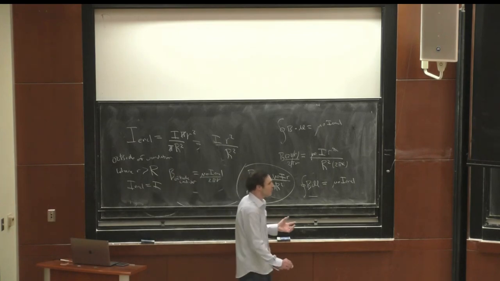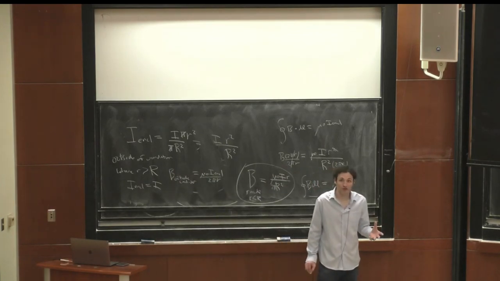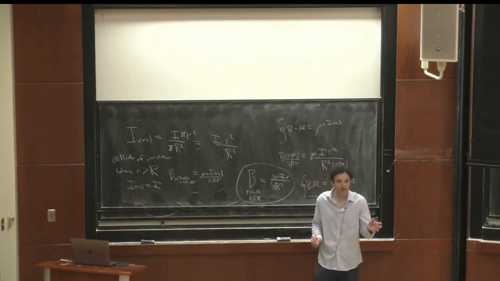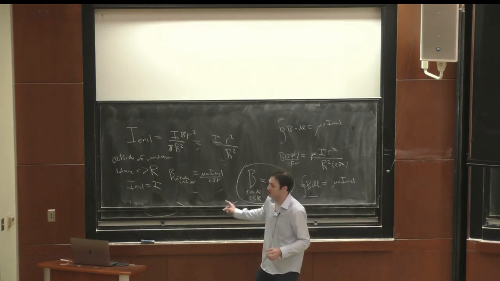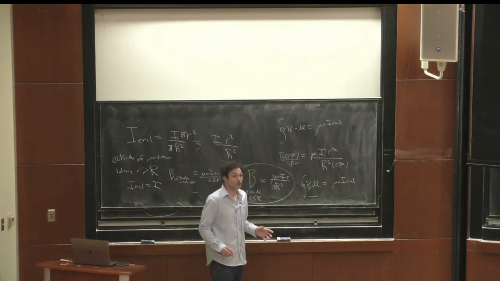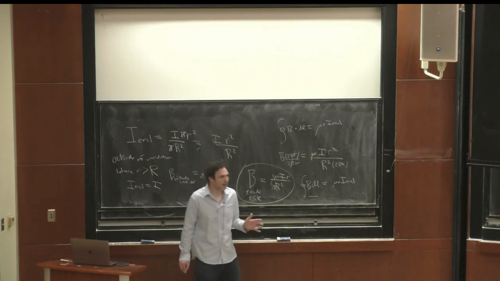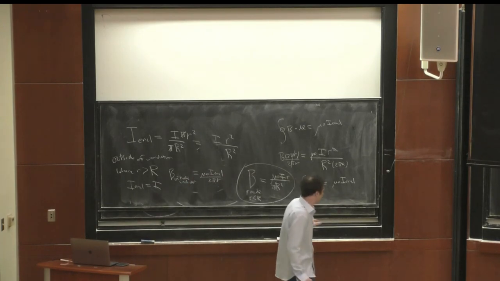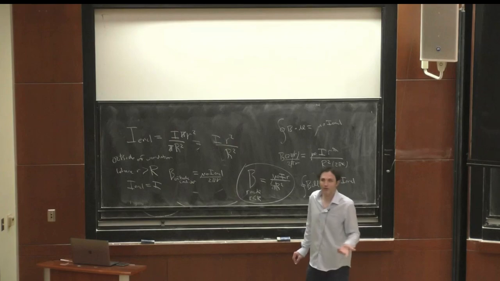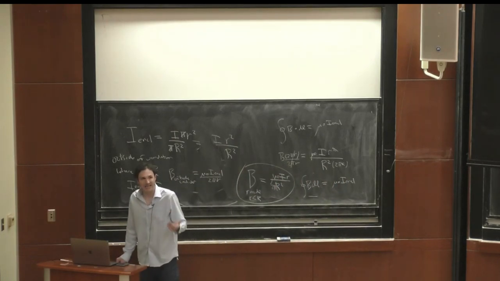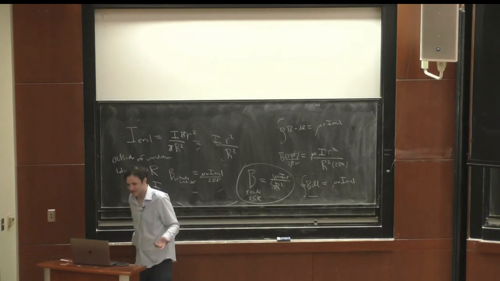Remember, for a point charge the B field falls off as 1 over R squared, because you've got that factor of R squared in the denominator. For this conductor, it's falling off way slower. It's linear. But that kind of makes sense, because we've got an infinite line of charge running past here, so it would probably fall off slower. Now we have a precise answer for our intuitive thinking.